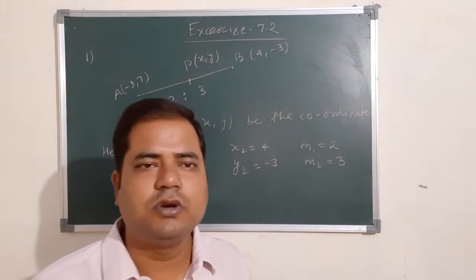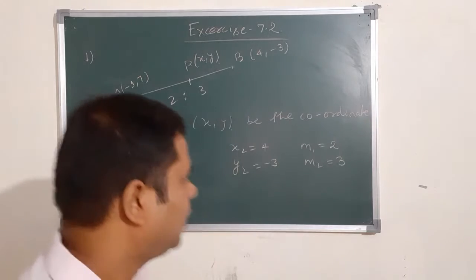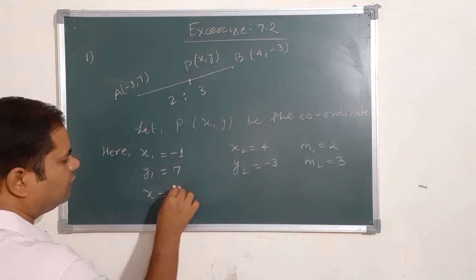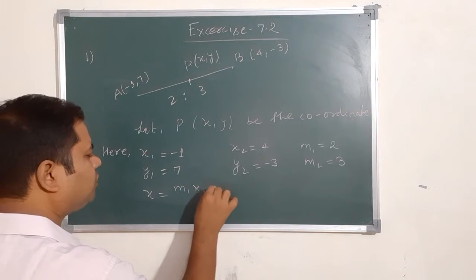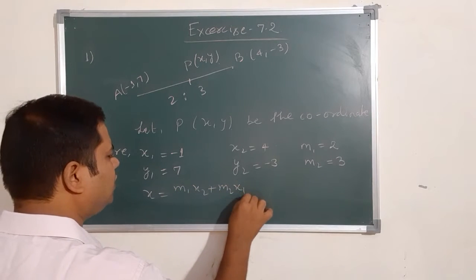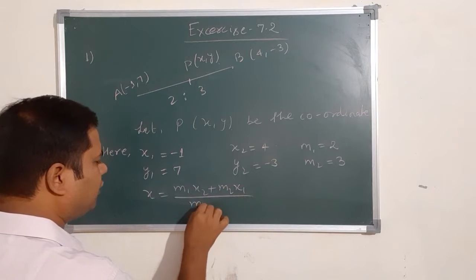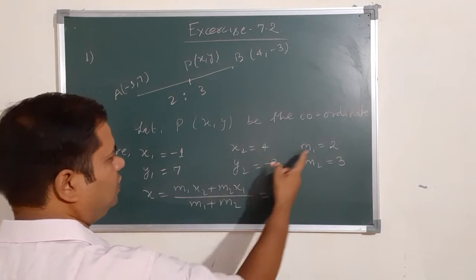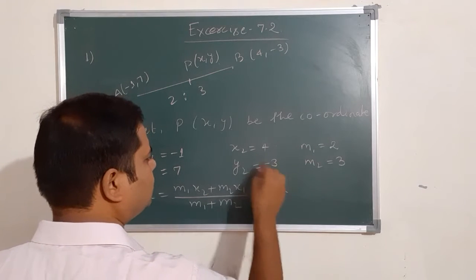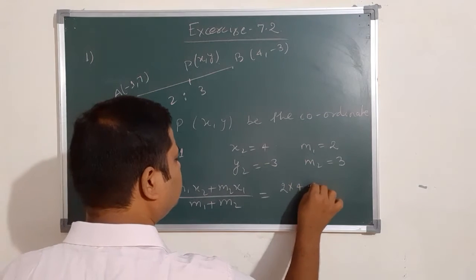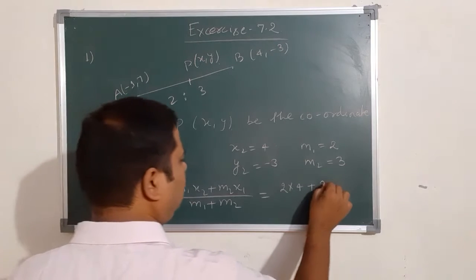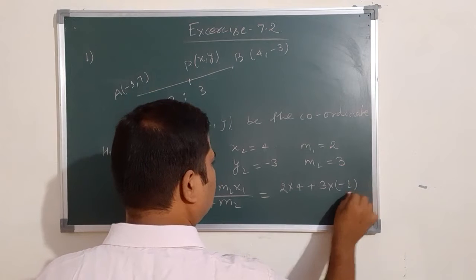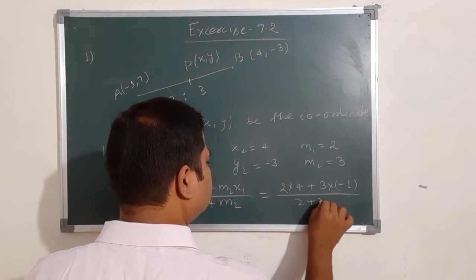Divided in the ratio 2:3. So x is equal to (m1 x2 plus m2 x1) divided by (m1 plus m2). This is nothing but (2 into 4 plus 3 into -1) divided by 2 plus 3.